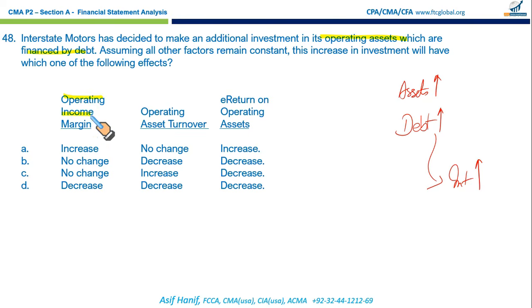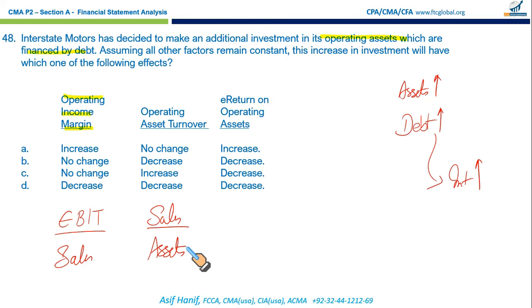First, operating income margin. Operating income margin basically is earning before interest and tax over sales. Operating assets turnover, that is sales divided by assets. And return on operating assets, that is earning before interest and tax divided by the assets.